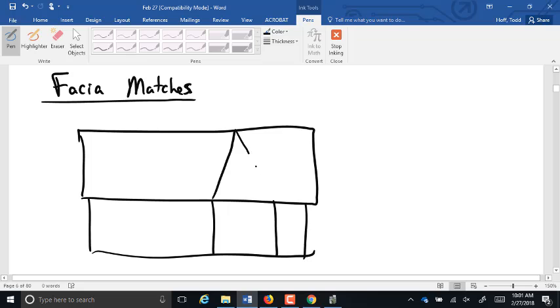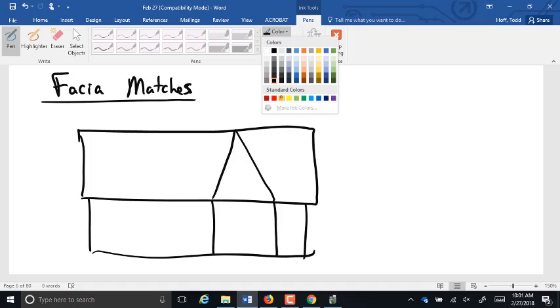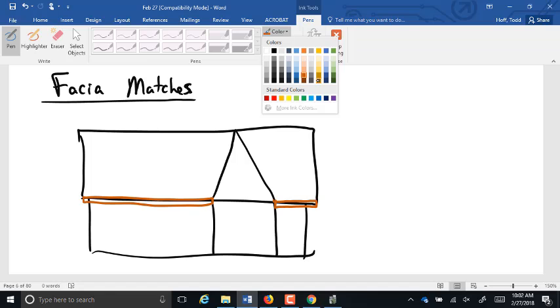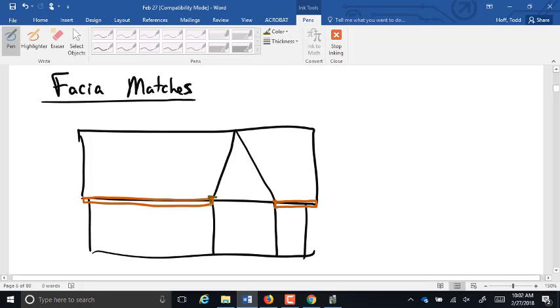Let's say the slope of the L roof is steeper than the slope of the regular roof. Well, of course, your roof comes down, there's an overhang over the wall, then there's a fascia. You want the fascia of the main roof, in most cases at least, to match up with the fascia on the L roof.